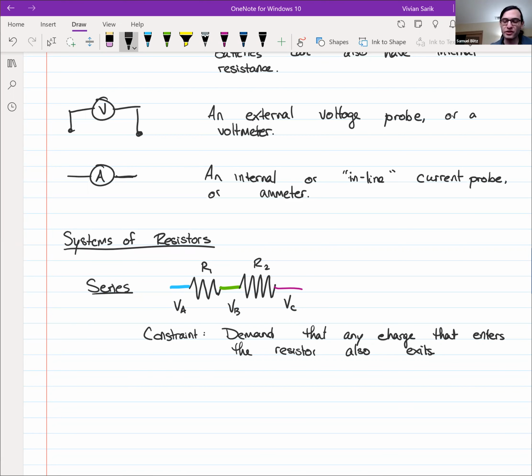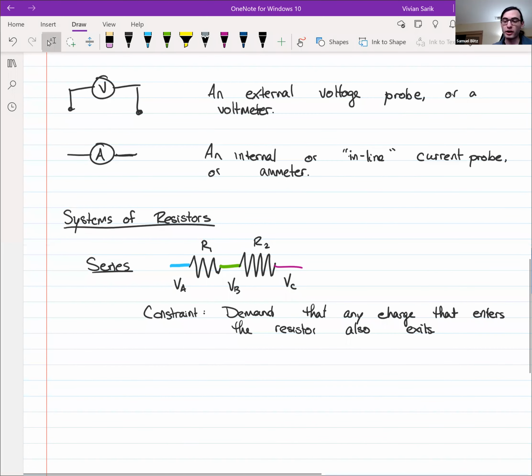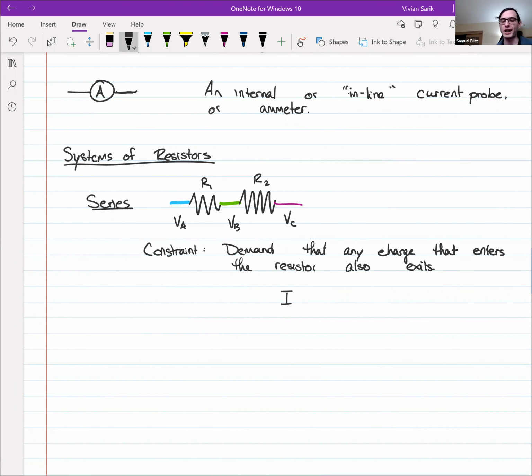If a charge goes in one side, it has to come out the other side. The result is that the current that goes in on the left, we'll call it I, is the same current that flows through the first resistor, which is the same current that flows through the second resistor. Because if you had more current coming in than going out, more charges would come in than leave, which violates the constraint. So then the question is, what is the total voltage drop across the two resistors?